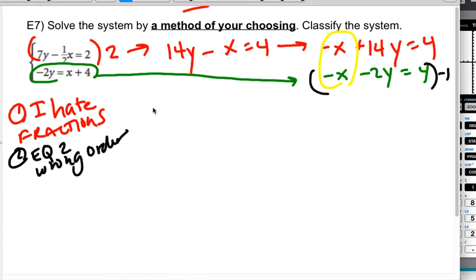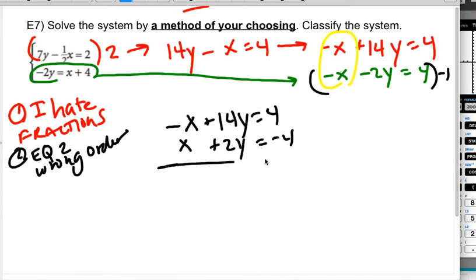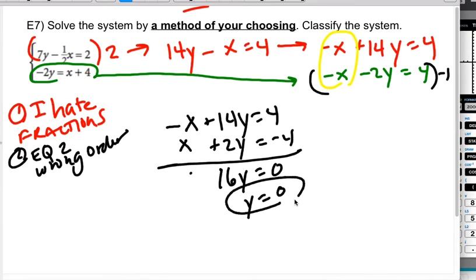So now what I've got is negative x plus 14y equals 4, and a positive x plus 2y equals negative 4. When I add straight down, I get 0 plus 16y equals 0, so y is 0. Well, if y is 0, then I can pick either equation to solve for x.